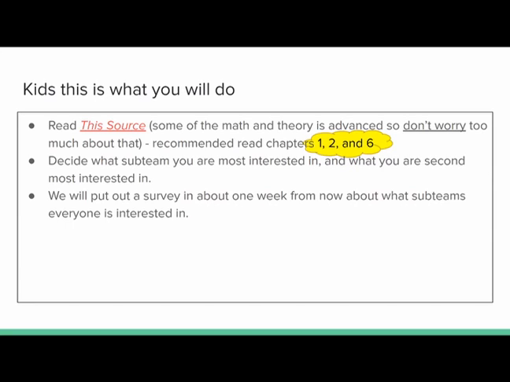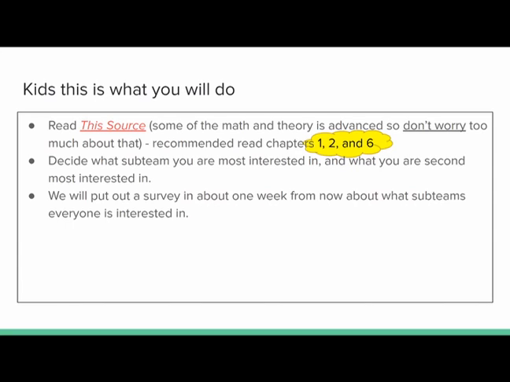This is the only way we're deciding it. So we would want you to also decide which one you're second most interested in, and possibly third, just so we can optimize who goes on what subteam. It's purely based on interest, so we're going to try to get you where you said you want to be.